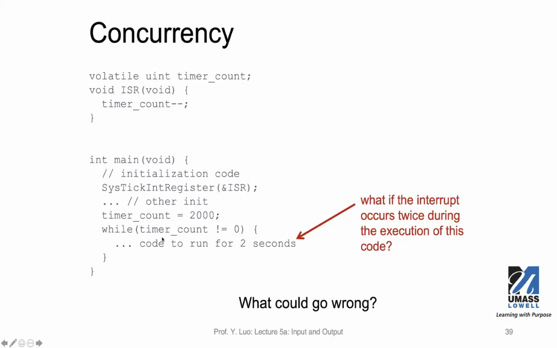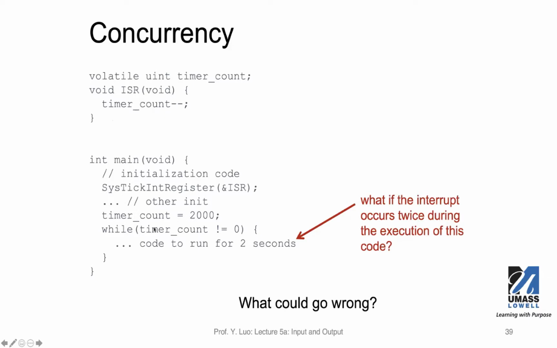So we're going to go into whatever code you have within the while loop, and we expect this code to go on for 2 seconds. That's a long time, so you will likely have this ISR, this routine, called multiple times. Let's say this ISR is called twice.